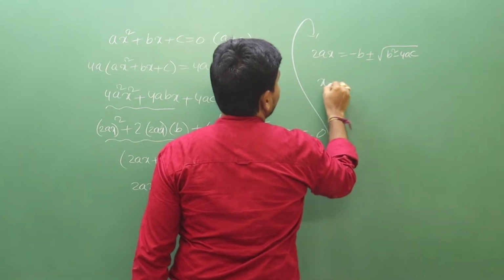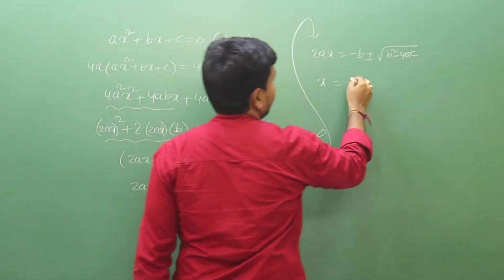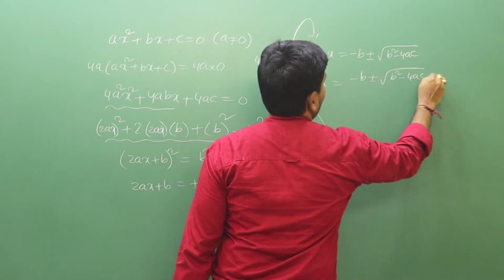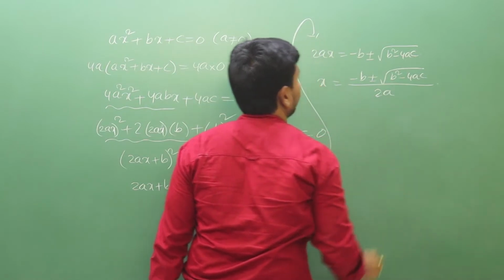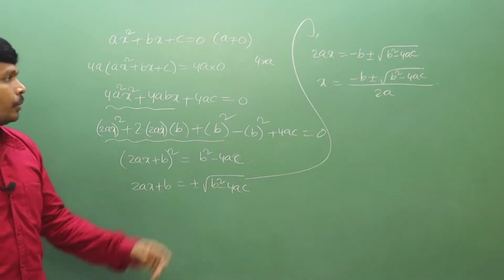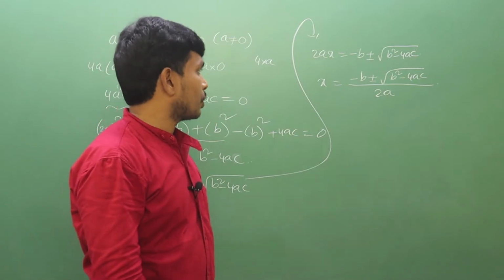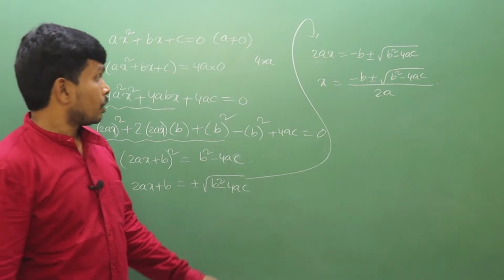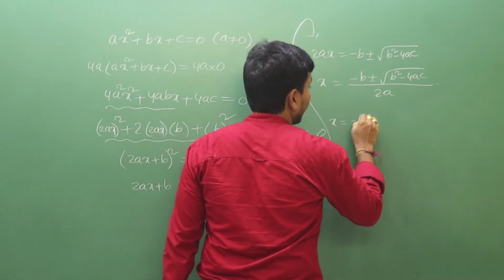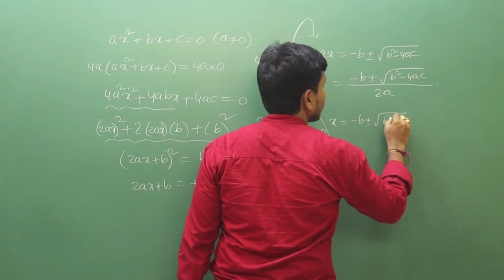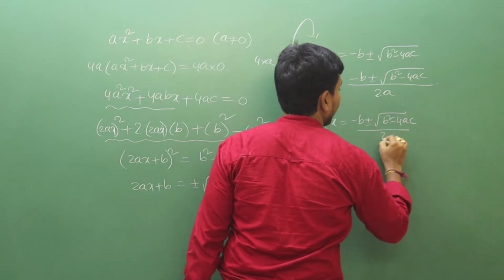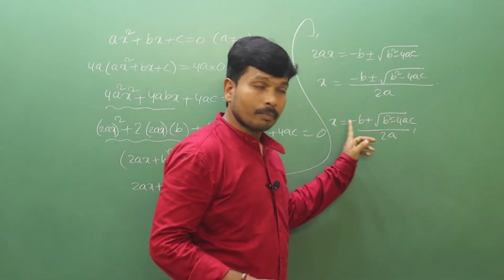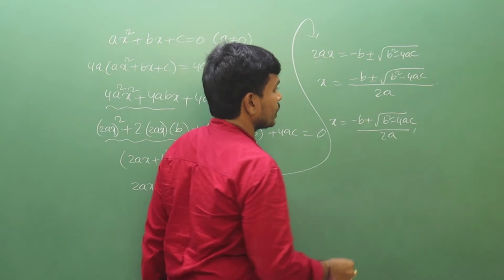Now x is equal to, sending 2a to that side, minus b plus or minus root b square minus 4ac whole by 2a. x is equal to minus b plus or minus root over b square minus 4ac by 2a. So one x value is minus b plus root over b square minus 4ac by 2a.